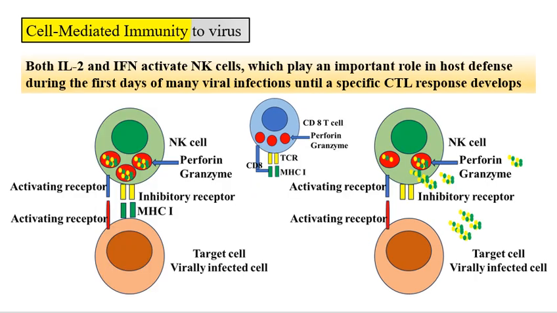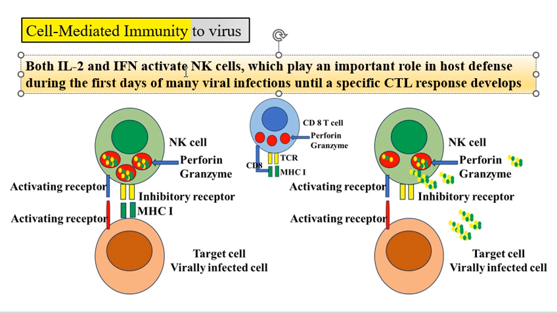Let us now come to the natural killer cell. As I mentioned, IL-2 and interferon activate natural killer cells. Natural killer cells also have the capacity to produce other materials, for example perforin and granzymes.